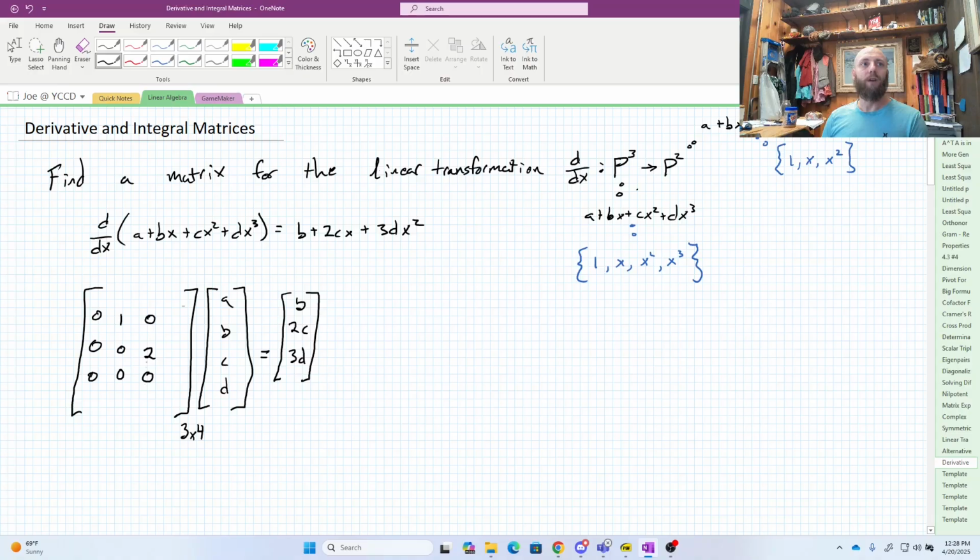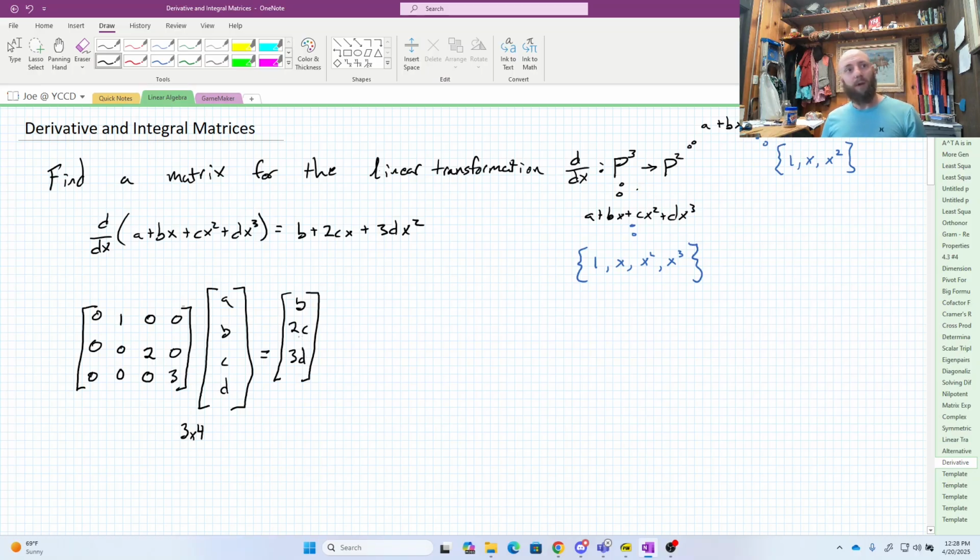That's me differentiating x squared and getting 2x. Then my next one is me differentiating x cubed, and I'm going to get none of these, and a 3 here. So this is my matrix for the derivative. I should probably fix my sizing there a little bit.